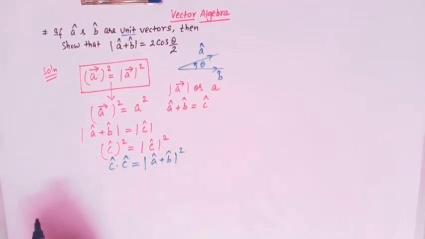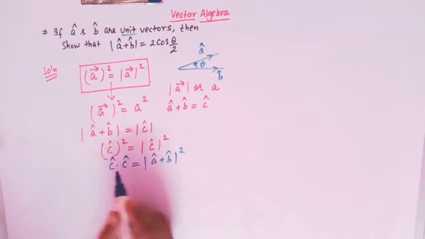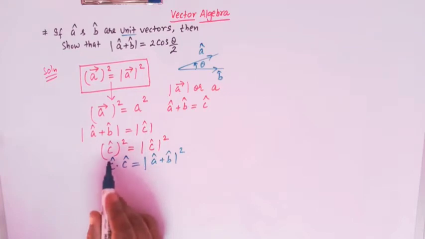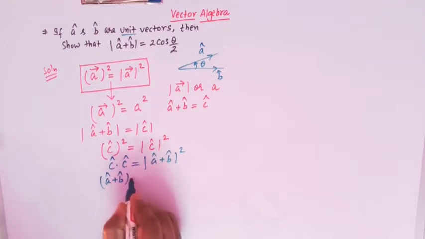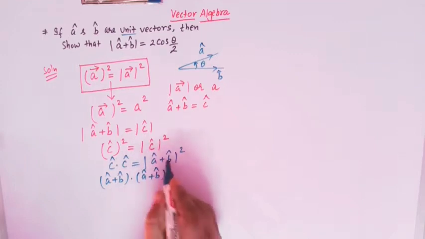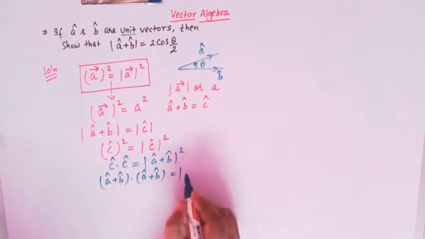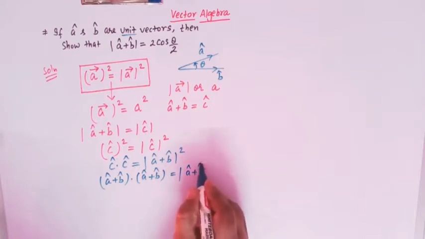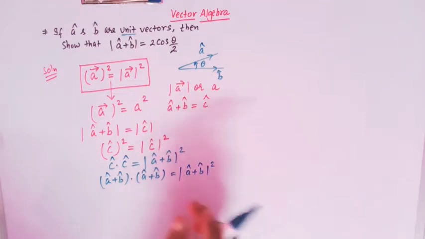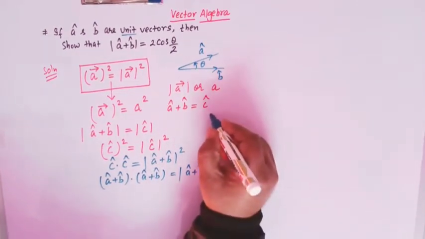So from the concept of dot product, c cap is a cap plus b cap, and c cap is again a cap plus b cap. Now let us write this expression on the left hand side.